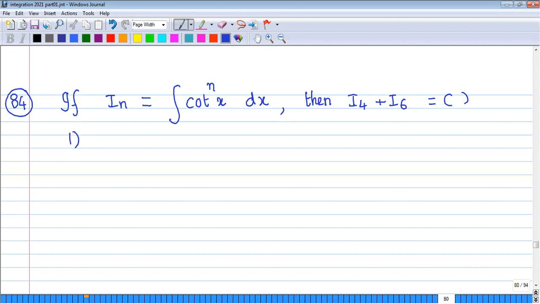First option, negative cot x to the power of 5 upon 5. Second, cot x to the power of 5. Third, 1 upon 5 cot x to the power of 5.